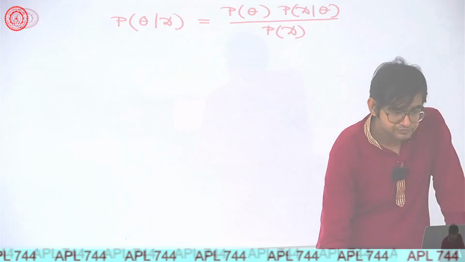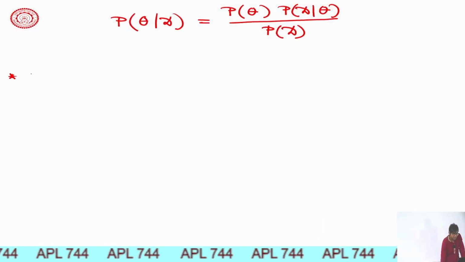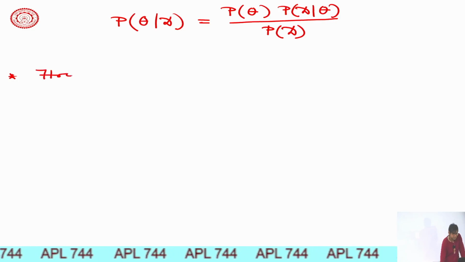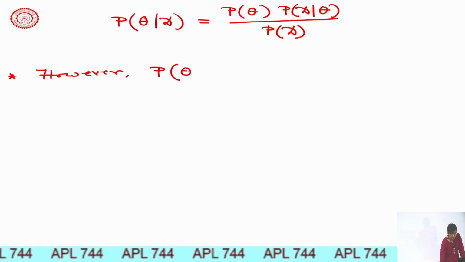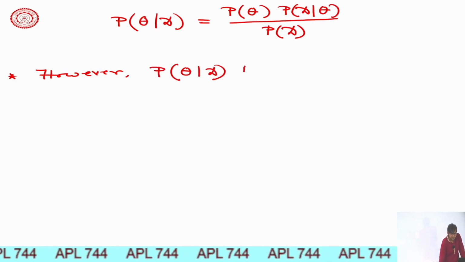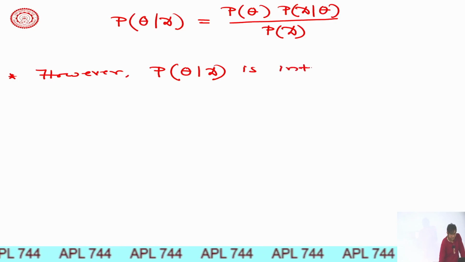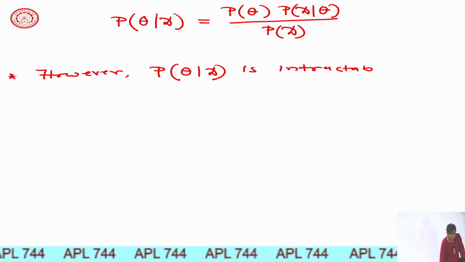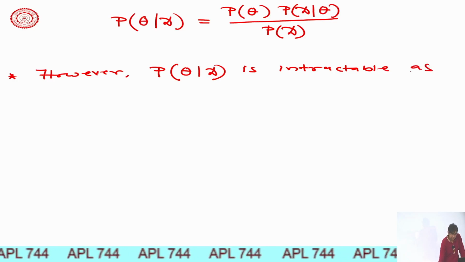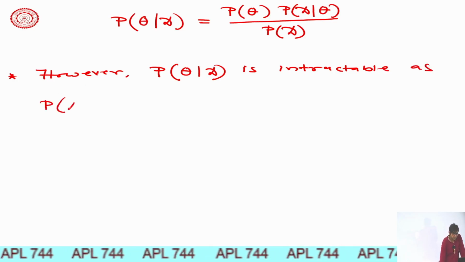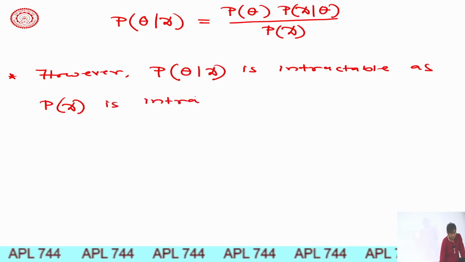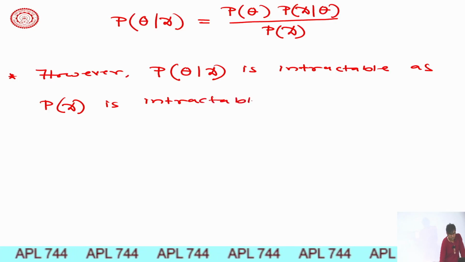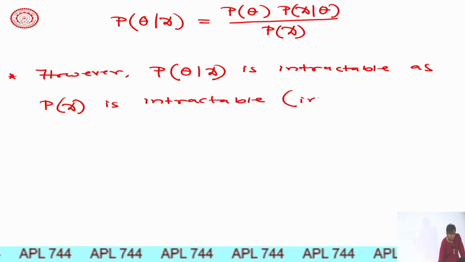However, the posterior, which is theta given D, is intractable as probability of D is intractable, in almost all cases.